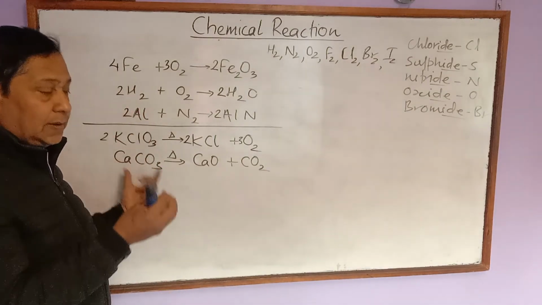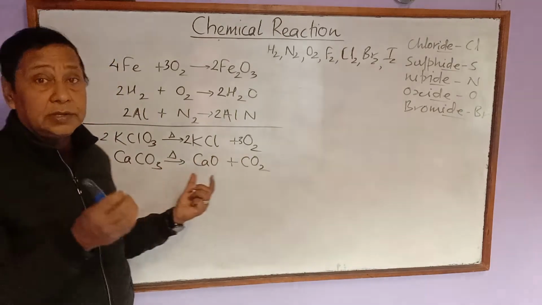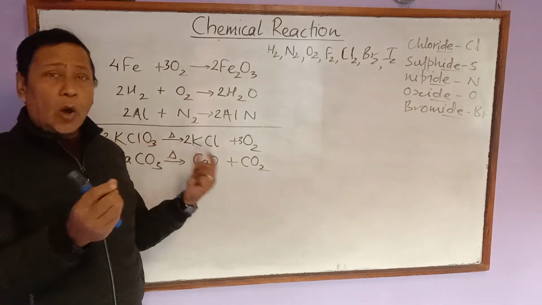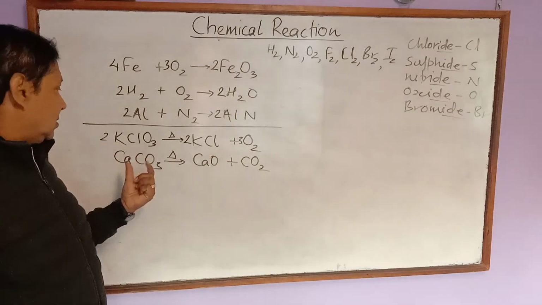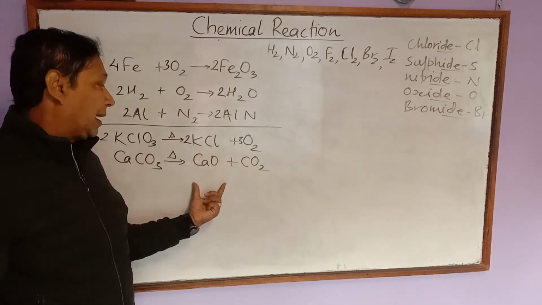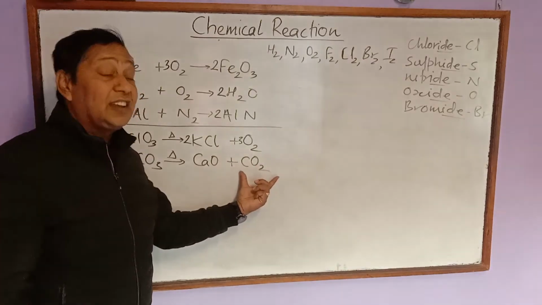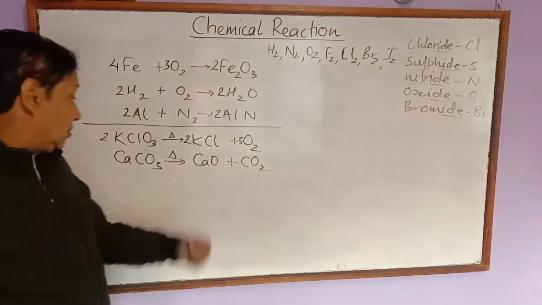One is marble, which is hard calcium carbonate, and limestone, which is softer than marble, and chalk, which is softer than the others. This limestone is heated at high temperature and decomposed into calcium oxide and carbon dioxide, and this carbon dioxide is collected and supplied for industrial purposes.